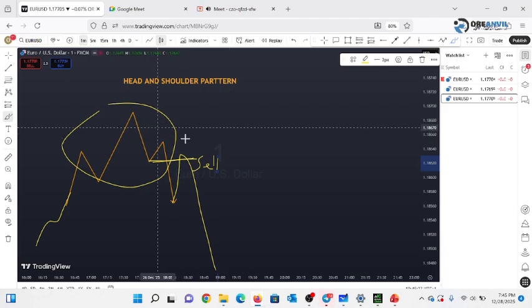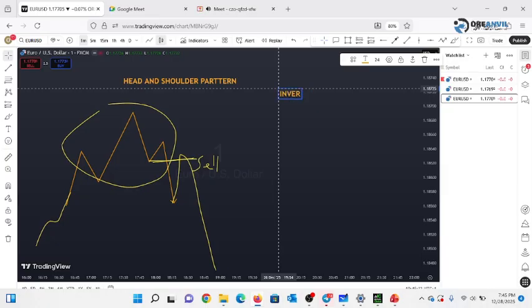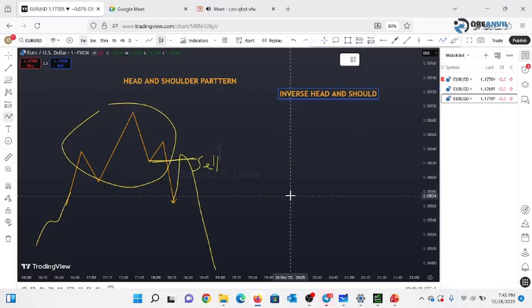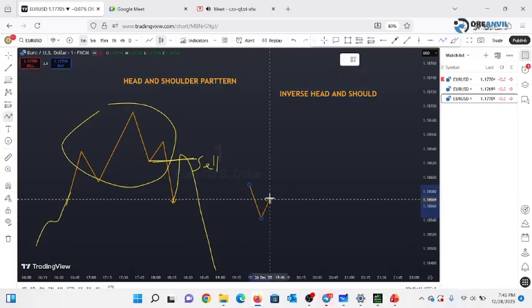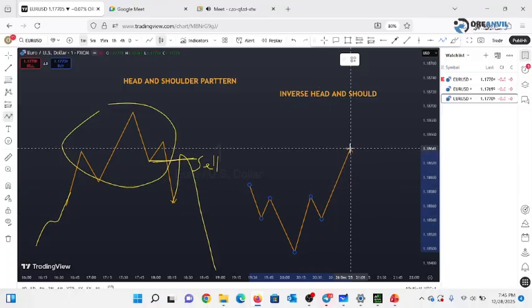The opposite of head and shoulder is what we call inverse head and shoulder. The opposite is like having a left shoulder and a right shoulder.